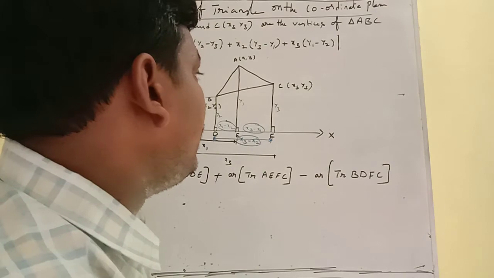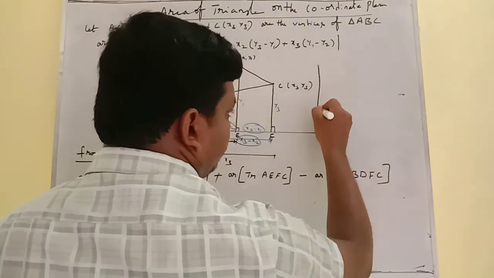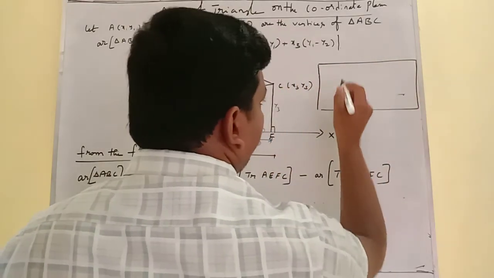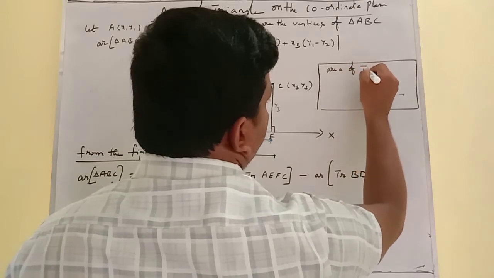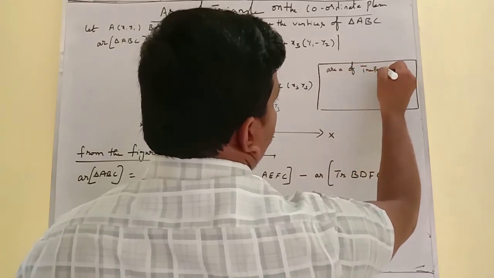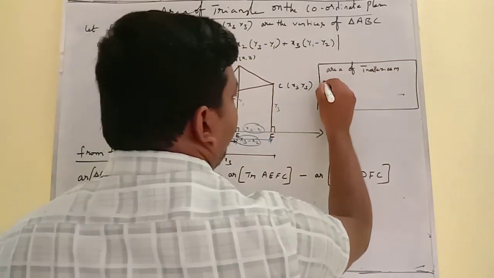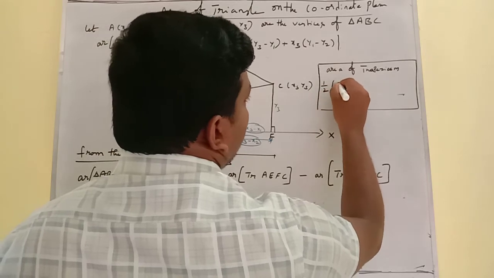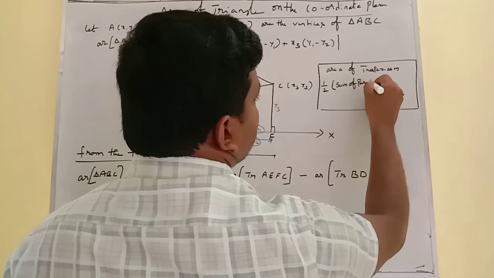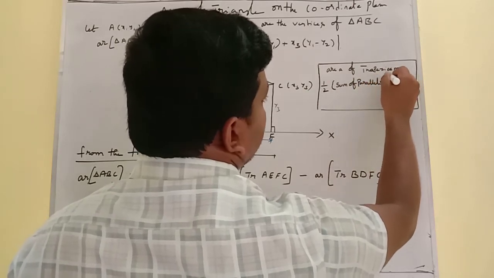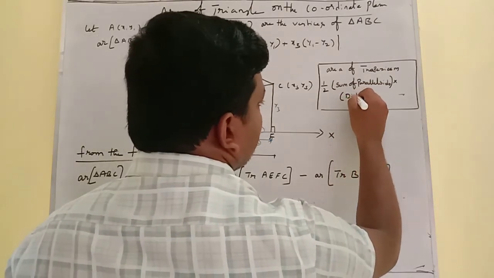So what is the area of trapezium formula? We can write here: area of trapezium. Important note here: area of trapezium is half into sum of parallel sides into distance between the parallel sides.